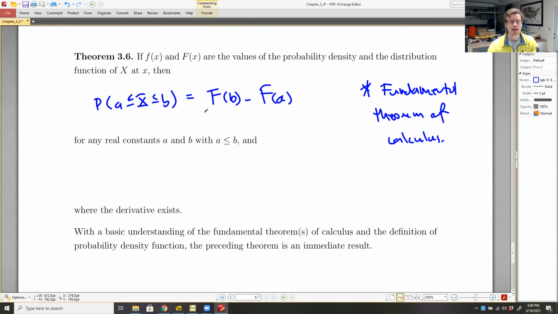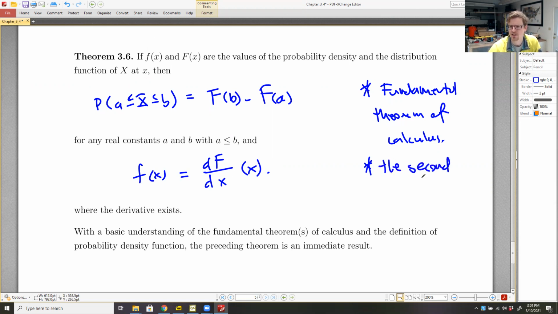Excellent. So that's for any constants a and b, but also the density function itself can be expressed as the derivative of the cumulative distribution function, which again, depending on what text you're looking at, may be presented as one large fundamental theorem of calculus, or maybe this one may be presented as the second fundamental theorem of calculus, right?